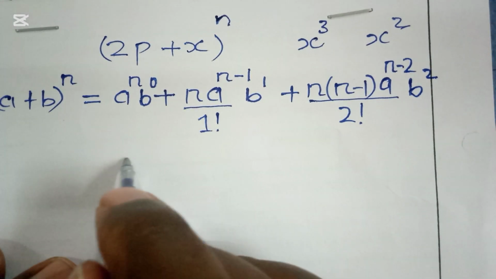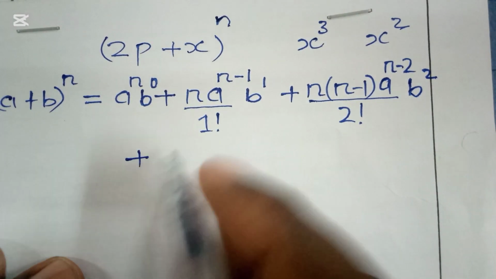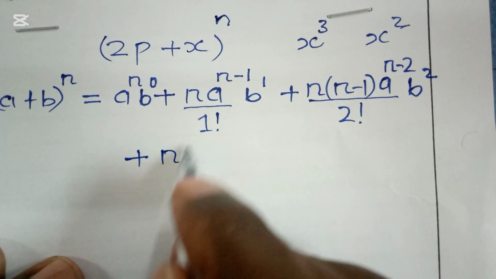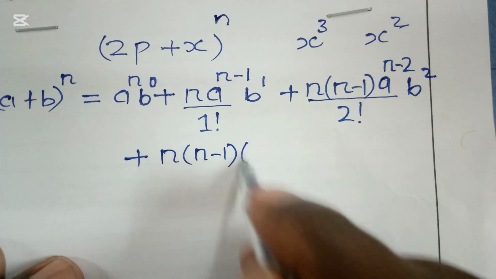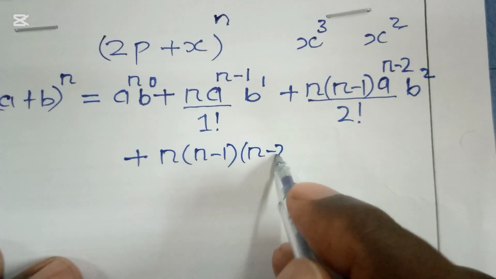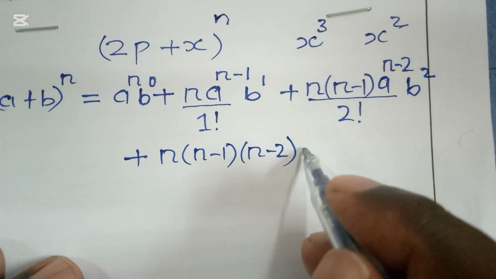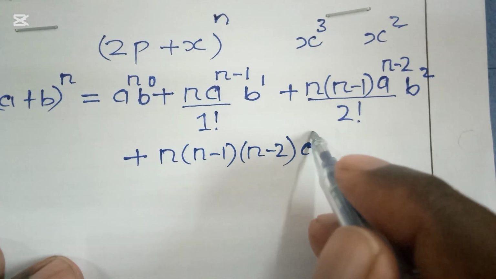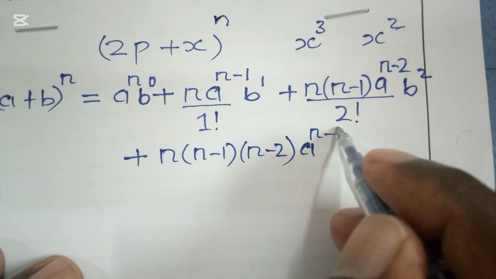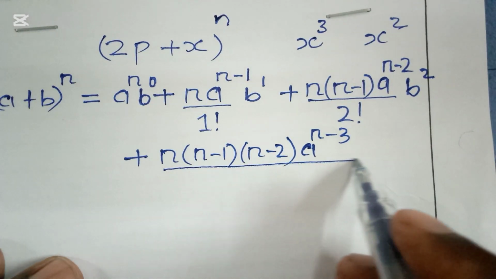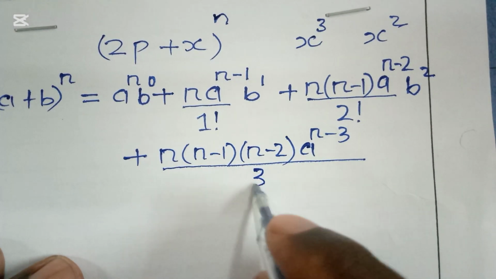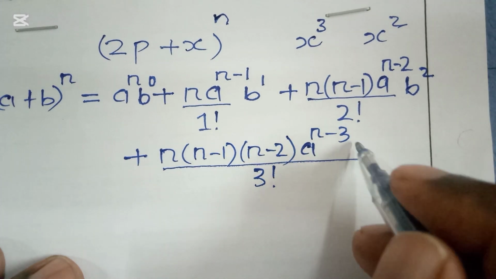And finally we have plus n(n minus 1)(n minus 2) a raised to n minus 3 all over 3 factorial, b raised to 3.